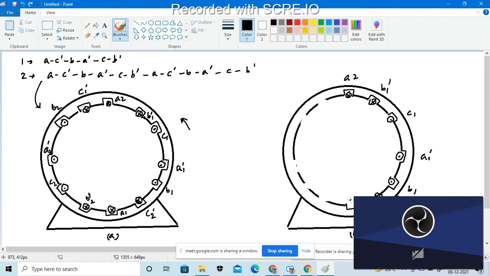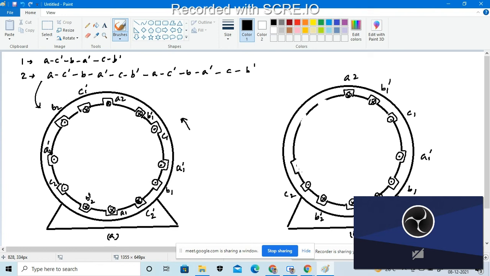This segment is also cross, which will be considered as A1, and this segment is also cross, that means current will enter, which will be considered as B2 dash. This segment will be considered as dot, which will be my C2.